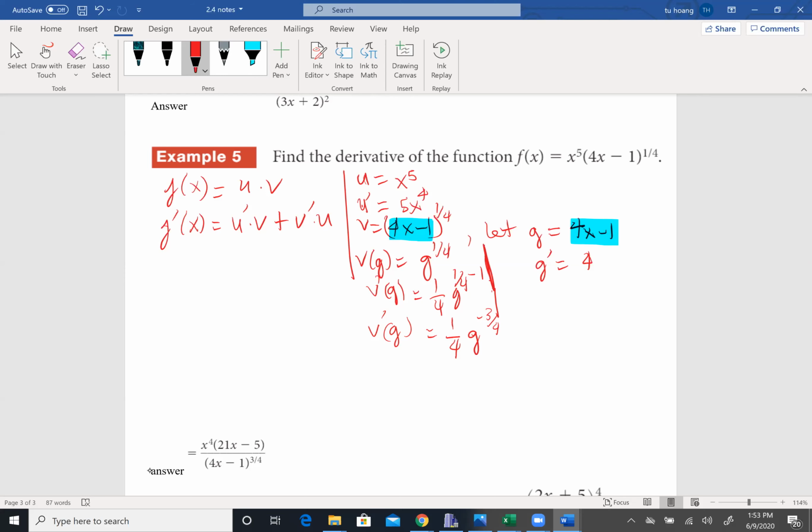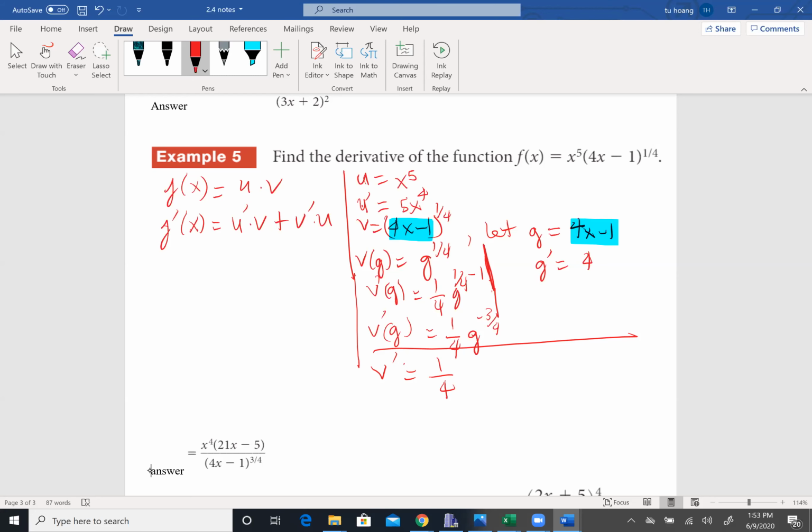And then you're going to have the derivative of v with respect to x. It is equal to the outside derivative, which is 1/4 times g to the power negative 3/4. What is g in here?